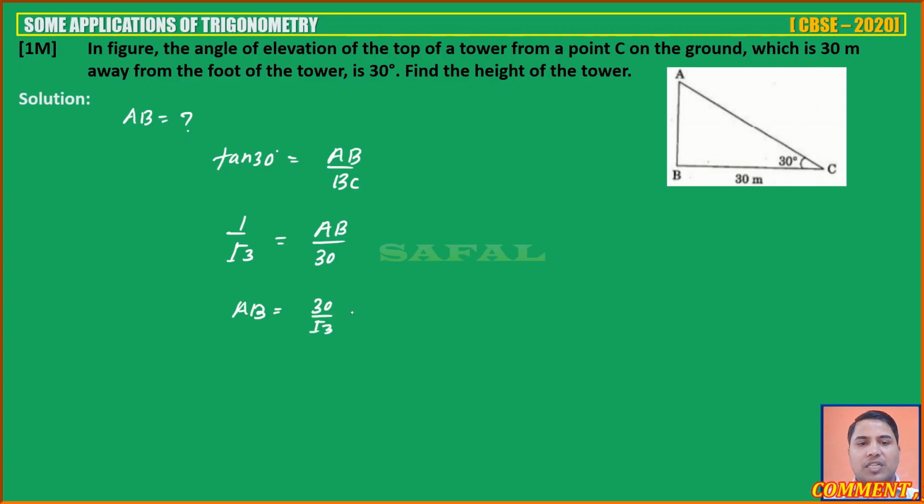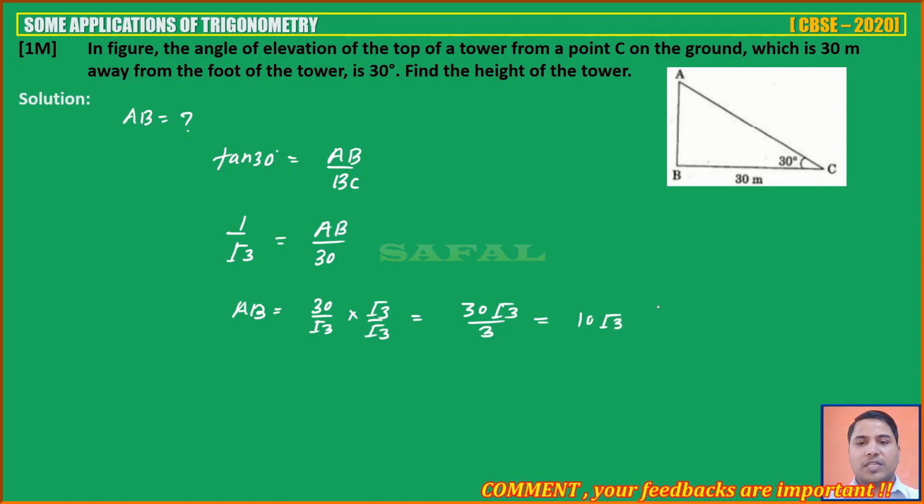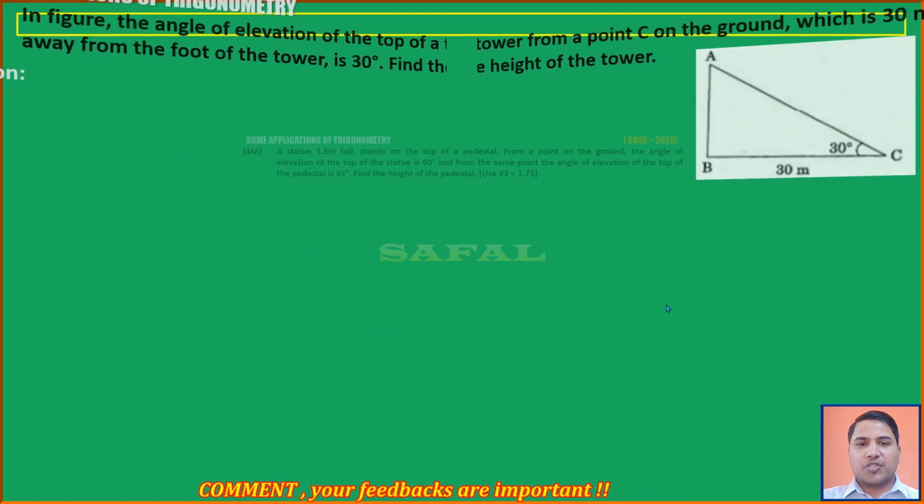Multiply both numerator and denominator by root 3, so effectively it becomes 30 root 3 by 3, and 3 tens are 30. So I can say 10 root 3 meter is the height of this tower. So AB is 10 root 3. Let's move ahead and take up the next one.